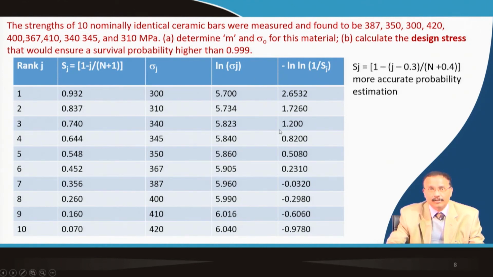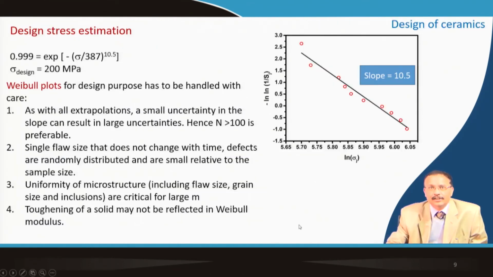So, I have gotten the y axis of my Weibull distribution plot and the x axis, right. As I have already described, eventually that should give me a straight line. So, I have just plotted it. You know that these are all experimental points, so you will have to linearly fit them. A large number of points is good for you, because you can see the value of m that depends on the slope.